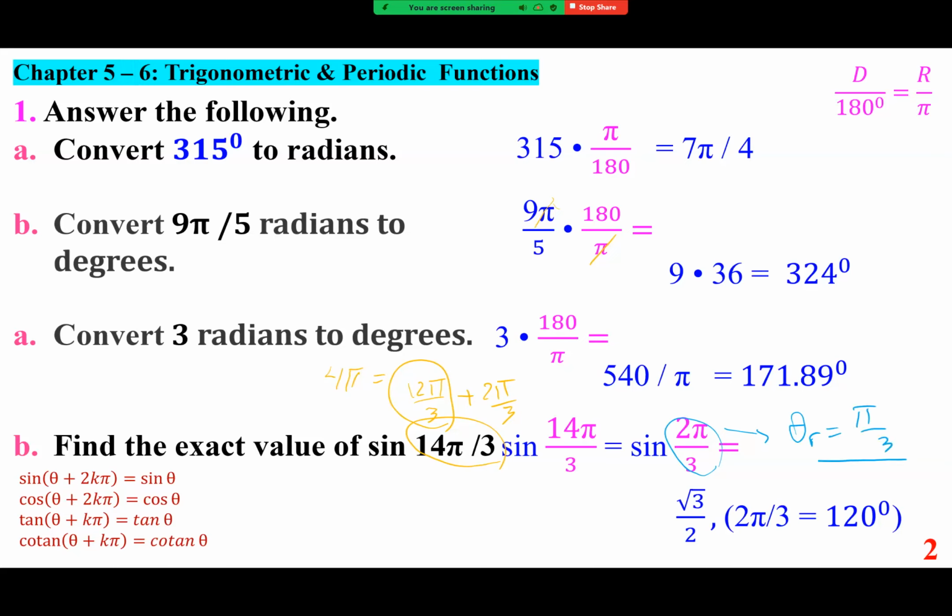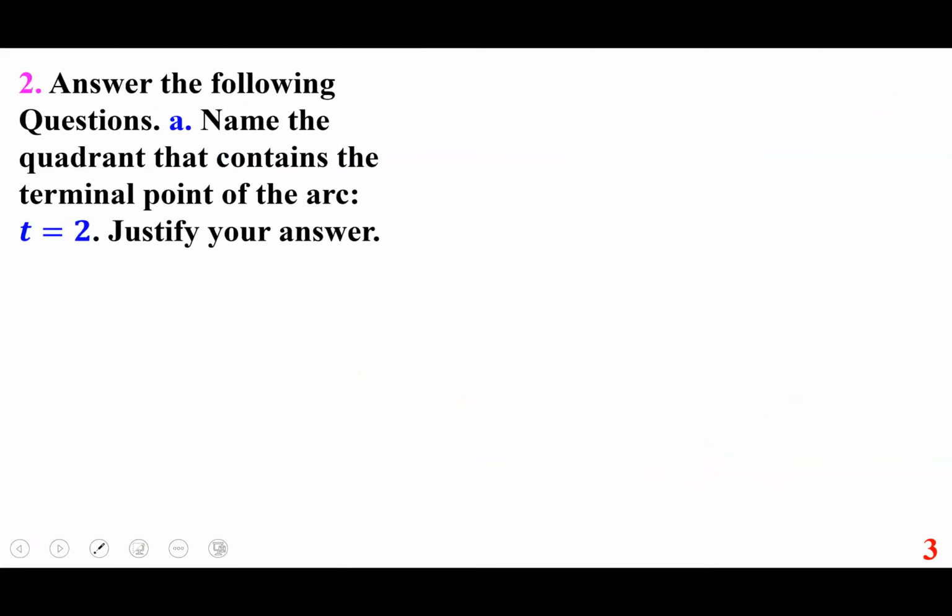So it's the same as sine of pi over 3, and you have to account for the sign. The sine function is positive in the second quadrant, so just the same as pi over 3. Again, there's a lot of information involved here, basic trigonometric functions.